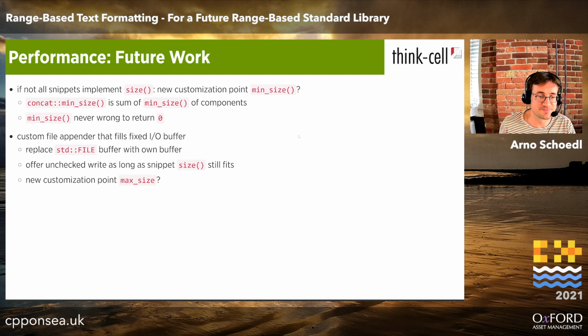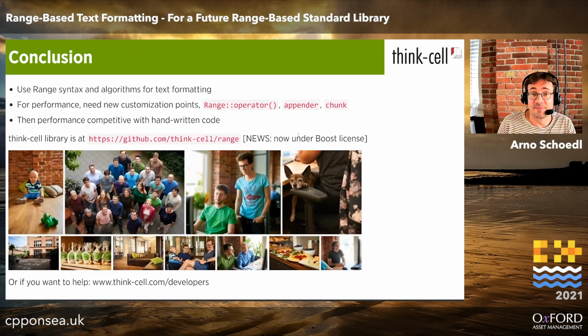If we further want to increase performance. All right, coming to the end, I showed you how to do range syntax and how to use range algorithms for text formatting. Now, for performance, we really need a few new customization points. We would need internal iteration, and actually std::format in the C++20 library also does internal iteration effectively under the hood, so it's really the same trick to increase performance.